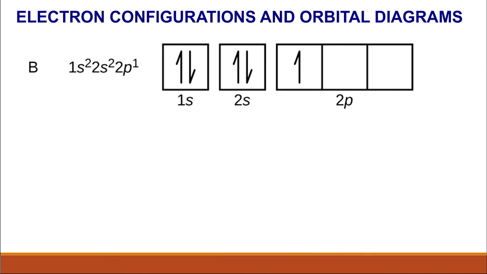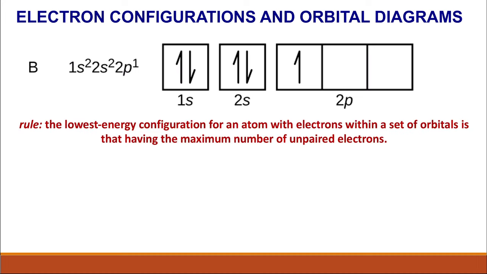Moving on to boron. Boron has now started to fill the p orbital in the 2p. So it's going to be 1s2, 2s2, and then 2p1. There is a very important rule here: the lowest energy configuration of an atom with electrons within the same set of orbitals has the maximum number of unpaired electrons.